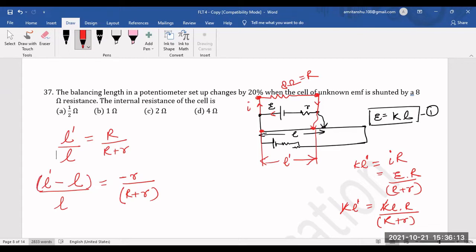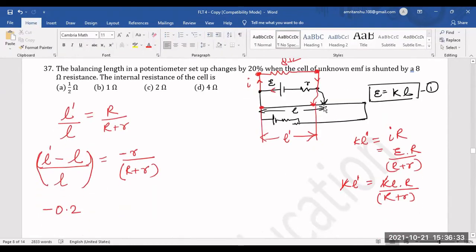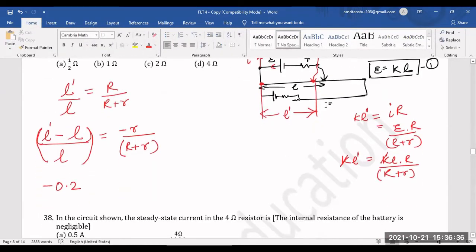So this whole thing gives you the percent change. So what is the percent change over here? It will be 0.2. This whole thing is minus 0.2 rather, because there is a decrease in length. So this is minus R upon R plus R, and minus minus goes off.